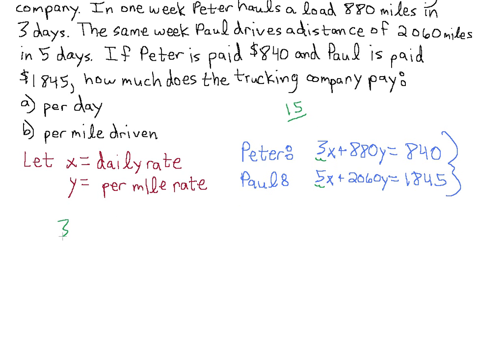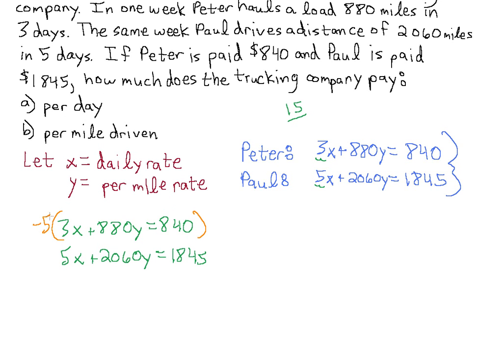Peter's equation is 3x plus 880y equals 840, and Paul's equation is 5x plus 2,060 times y equals 1,845. We're going to multiply the first equation by a scalar of minus 5, and the second equation by a scalar of positive 3. This is going to give us the following two equations. We're going to have minus 15x, multiplying each term by minus 5.